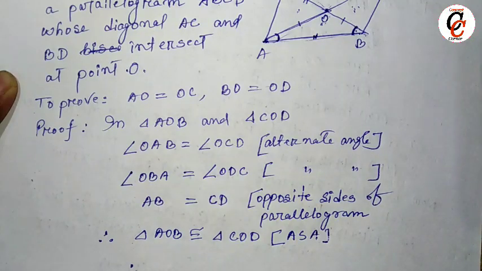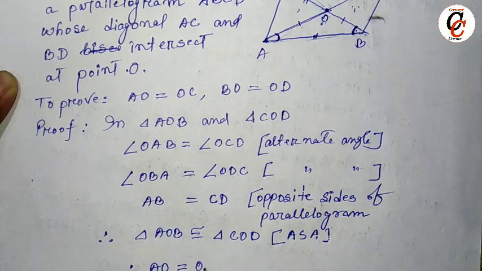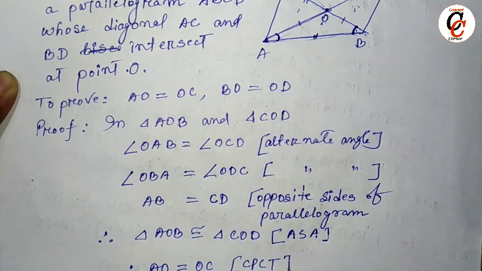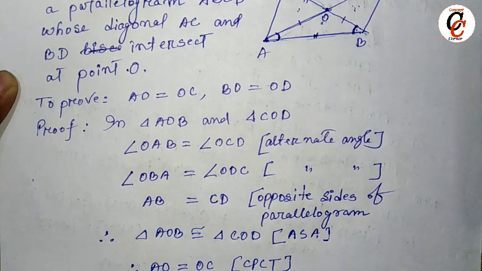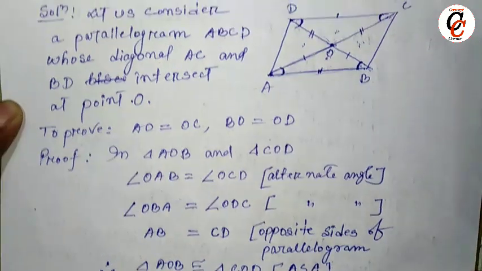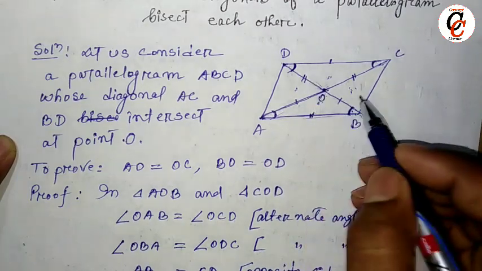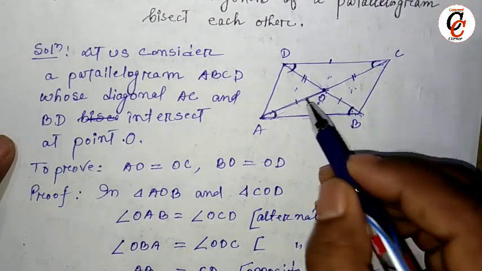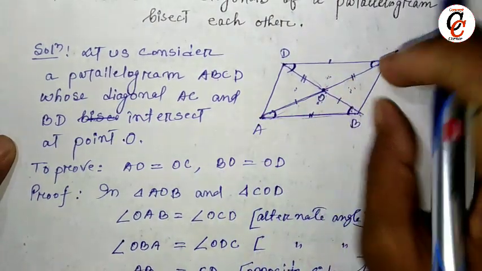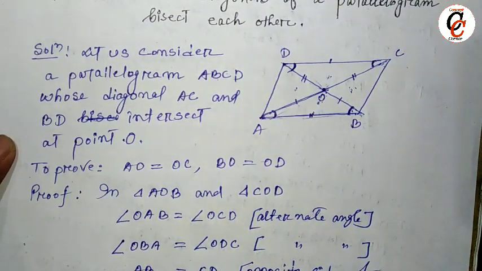Therefore AO is equal to OC, CPCT, and BO is equal to OD, CPCT. Thus the diagonals bisect each other. Since they bisect, that is why these parts are equal, AO and OC, BO and OD.